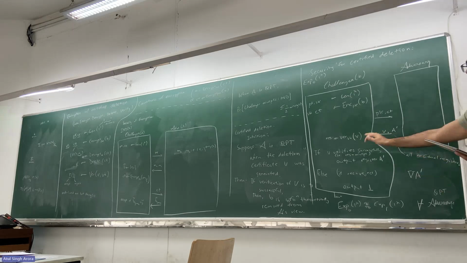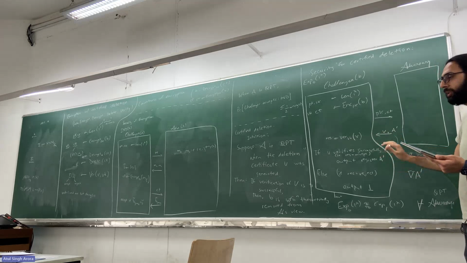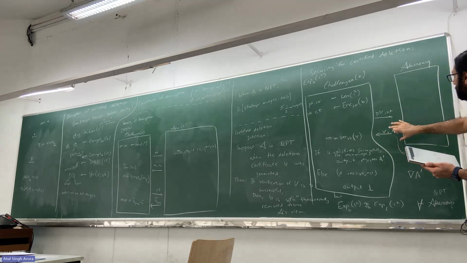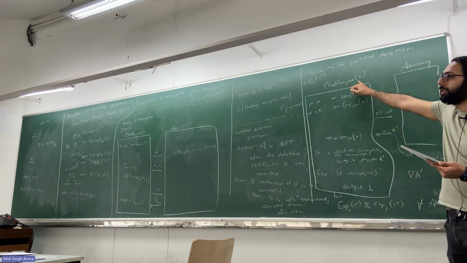This is just its formalization as a game. You can formalize it in a different way. But the key part is that whatever state A prime is left with the adversary, it cannot possibly depend on little b.